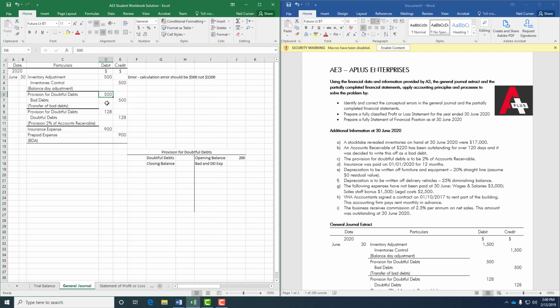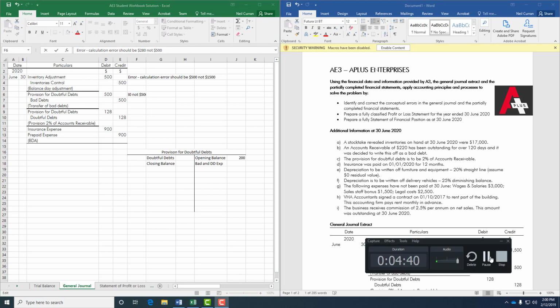Again there is a calculation error here. This should be 280, not 500. So we are going to put error here, and we are going to put 280, not 500.